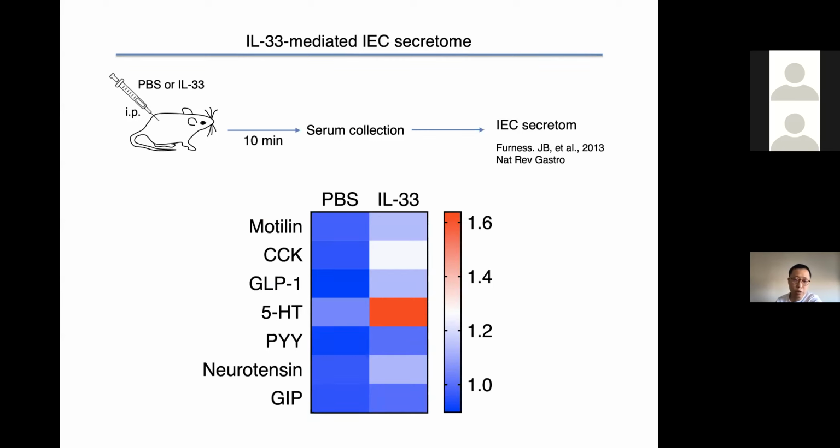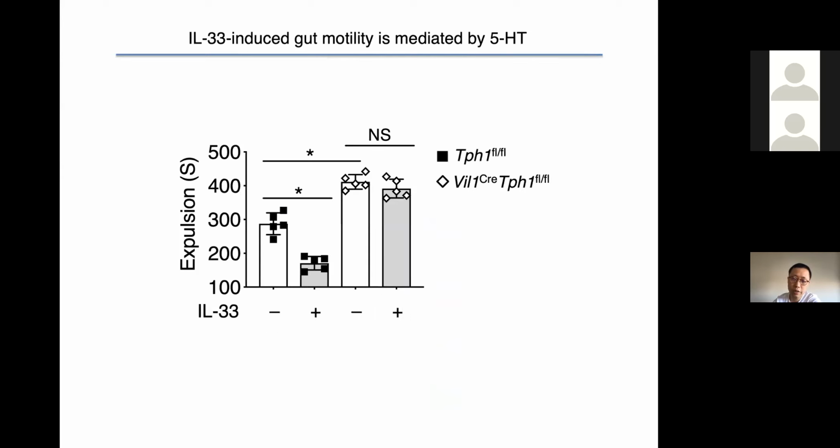We got pretty lucky that only one particular substrate stood out, which is serotonin. We found that IL-33 stimulation can dramatically increase serotonin production. And this can be proved by a functional assay. TPH1 is a serotonin synthesizing enzyme. If we knock it out, the entire peripheral serotonin is completely abolished.